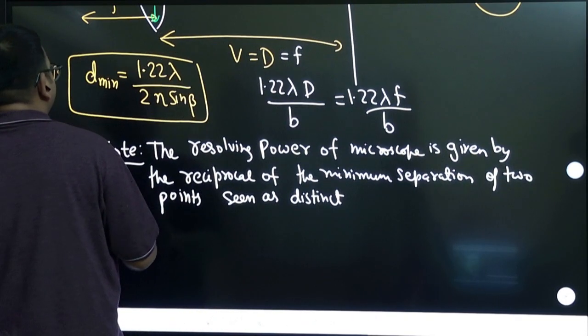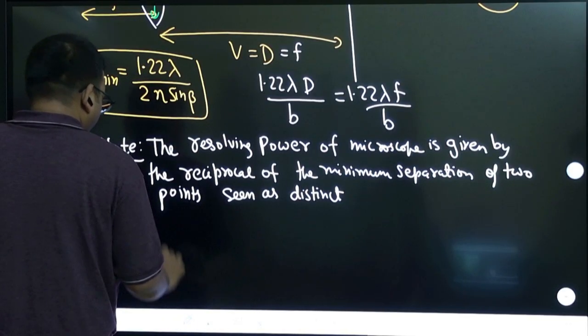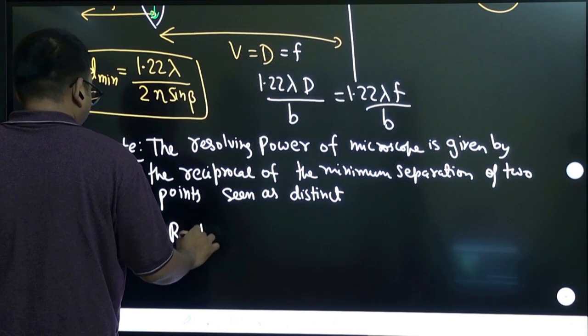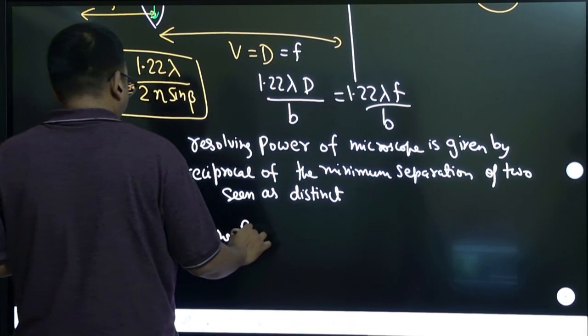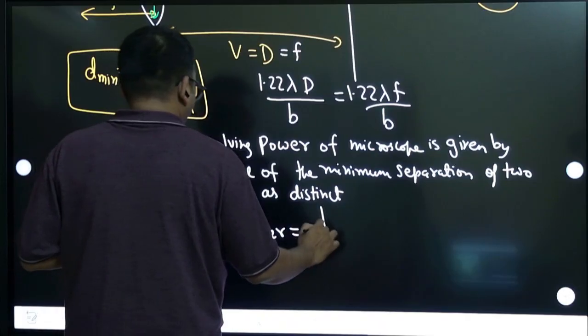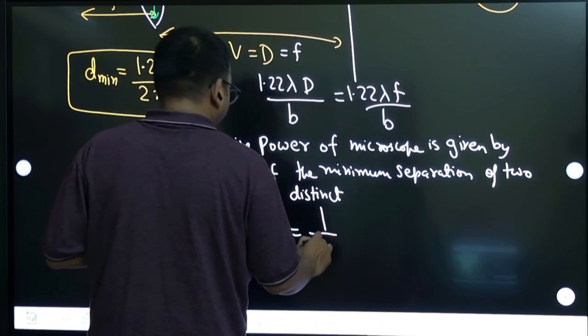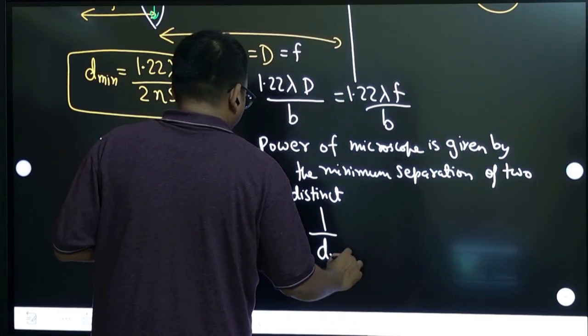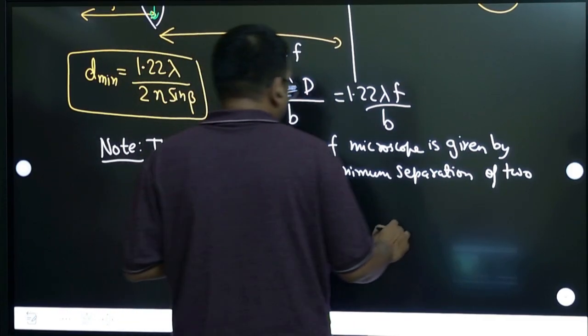So I think the resolving power is defined as the reciprocal of that, 1 by d minimum. Yes, I think this is what it is.